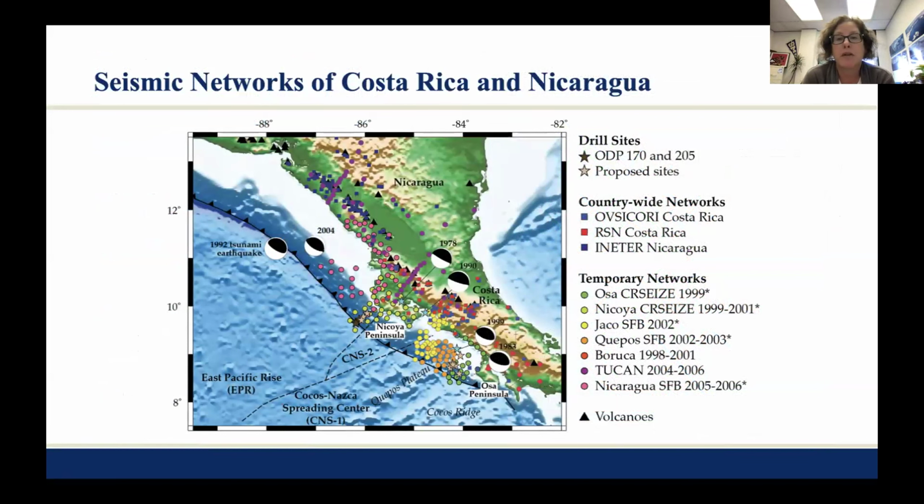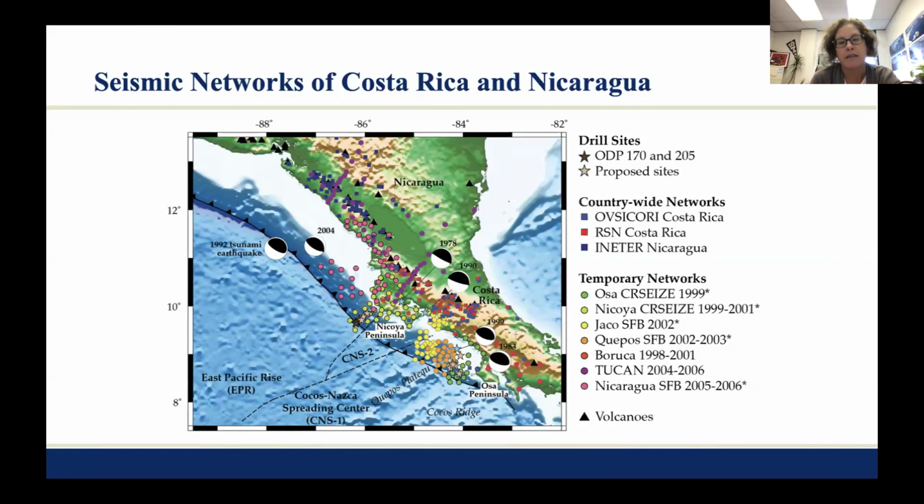There were a couple of ODP drill sites in this area. There was a 3D seismic survey off of the Osa Peninsula. If you are familiar with Costa Rica, the southernmost peninsula is the Osa Peninsula, the northernmost peninsula that sits out over the Middle America Trench is the Nicoya Peninsula.